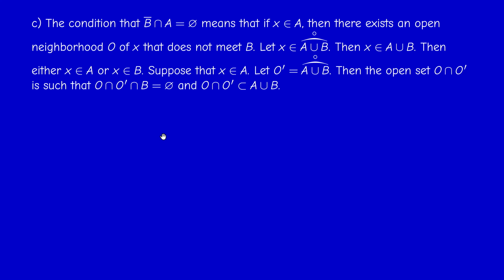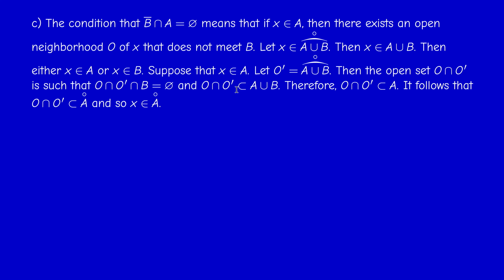So what can we conclude from this? We conclude from this that it's necessarily contained in A, okay? How do you prove that? Take an element in the intersection, Y. Then it's either in A or in B, but it cannot be in B, therefore it's necessarily in A. So we conclude that necessarily the intersection of O and O prime is contained in A, and therefore it's contained in the interior of A, because the interior is the biggest open set contained in A, and therefore X is in the interior.